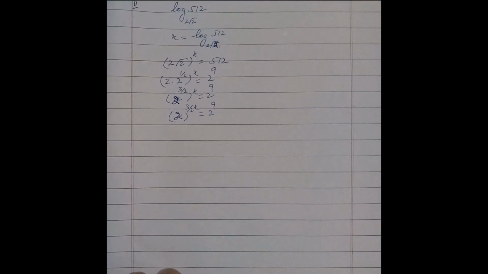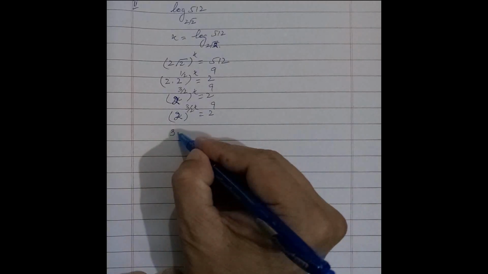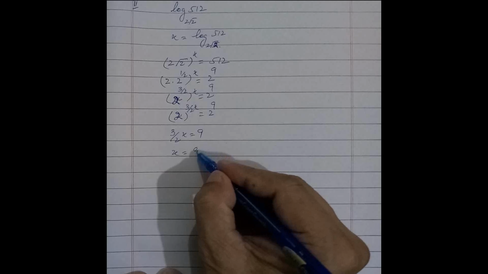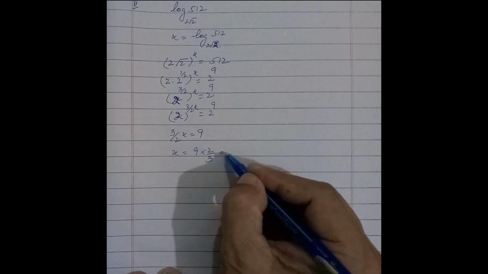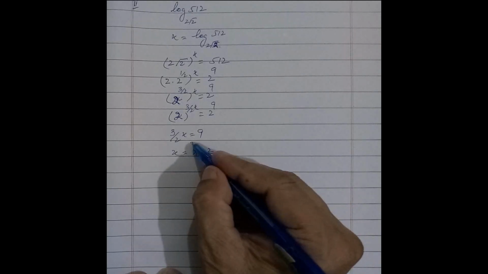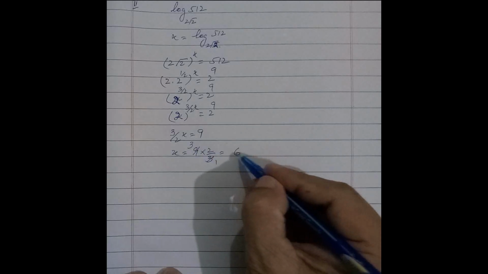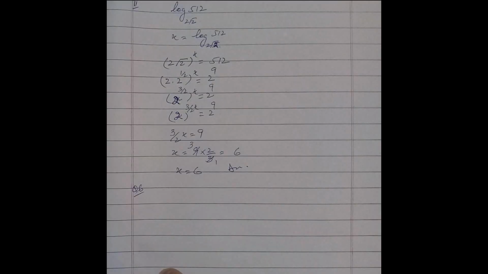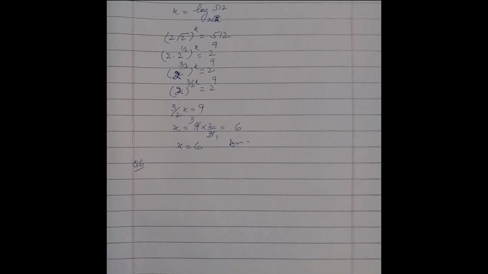When the base is the same, the power is also the same, so 3 over 2 x is equal to 9, and x is equal to 9 multiplied by 2 over 3. 3 ones are 3, 3 threes are 9, and 3 twos are 6. So x is equal to 6. It is the same as question number 4. We find the value of the unknown, which is x, from the following statements.